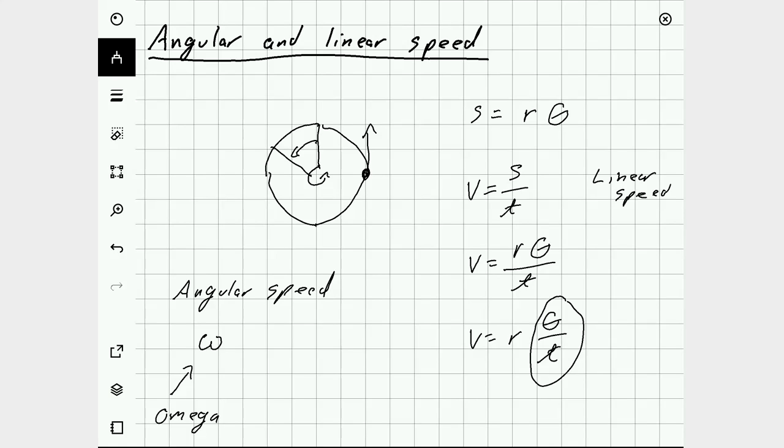You may be familiar with the capital omega. It looks like that. It's the unit of resistance in electronics. But the angular speed, lowercase omega, will be the angle divided by the time, just because that's a nice substitution in here. So we can translate from linear speed to angular speed exactly the same way we translate from linear motion and angular motion.